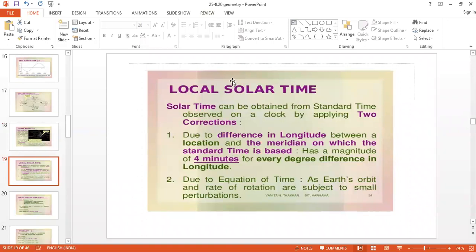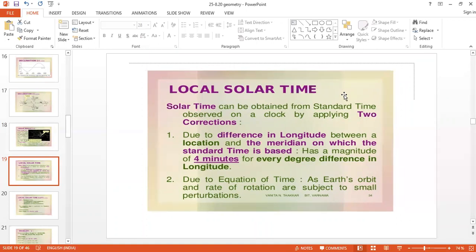Solar local time can be obtained by using standard time we can observe on a clock, by applying corrections due to difference in longitude between the location and the meridian on which the standard time is based, and also the magnitude of 4 minutes for every degree difference in longitude.